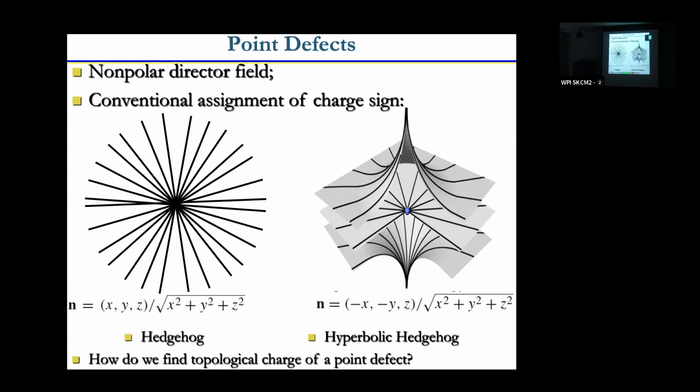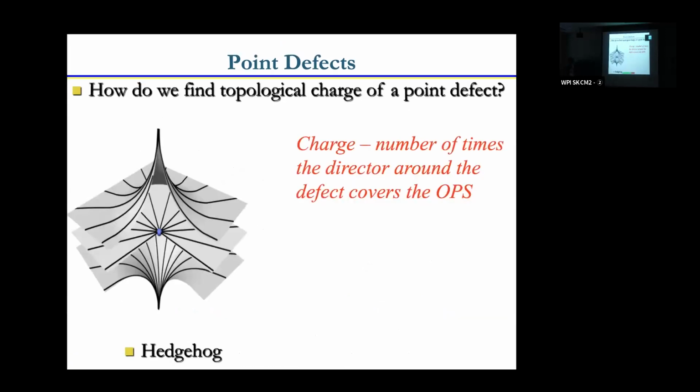Also, they can be represented with the help of, for example, the ansatz expressions for the components of this unit vector field that you can see here. You can easily construct such defects.